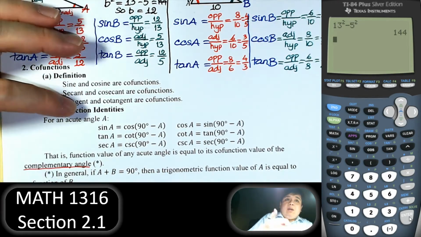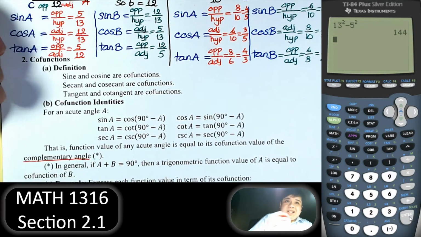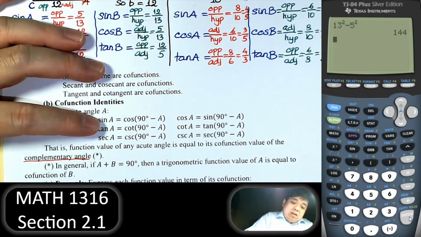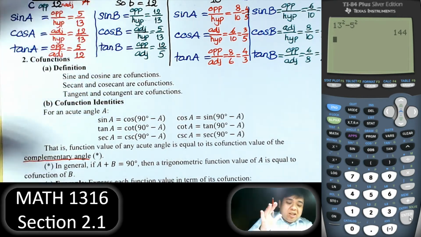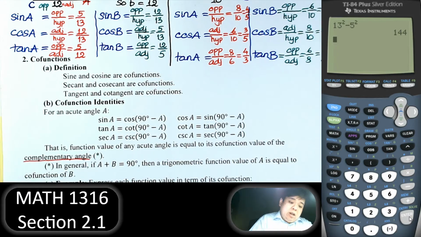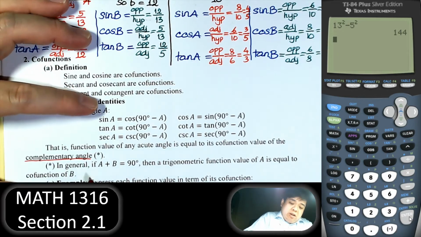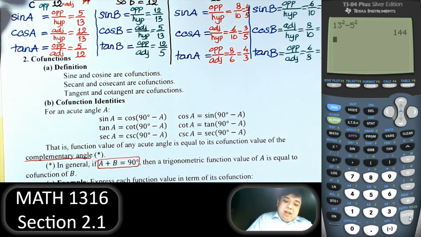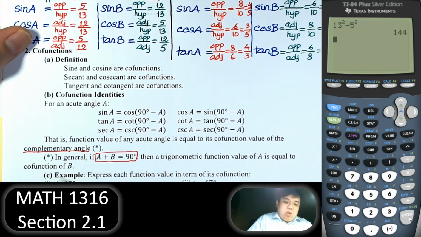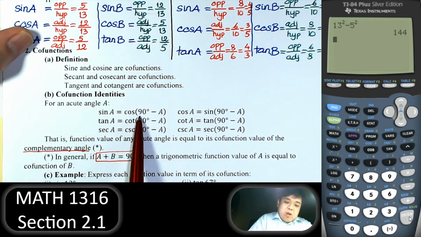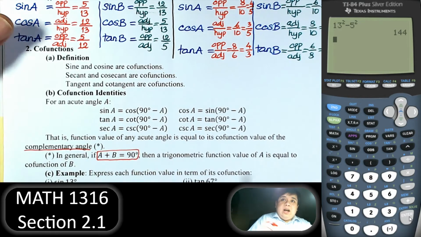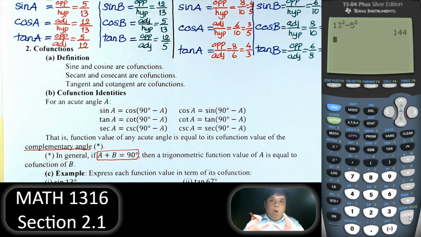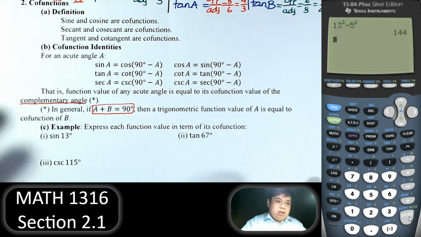In general, if A plus B is equal to 90 degrees, then the trig function of A is equal to the cofunction of B. As long as those angles add up to 90 degrees, the function is equal to the cofunction of the other. Right, let's see how it works.